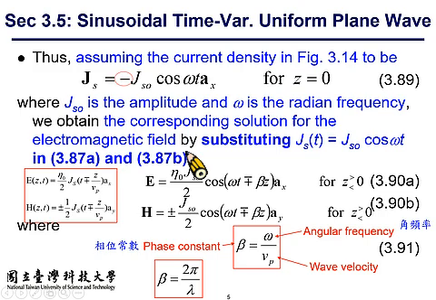You can remember this relation. You don't necessarily have to memorize this, but you are encouraged to do so. Beta equals omega over Vp, which equals 2 pi over lambda.